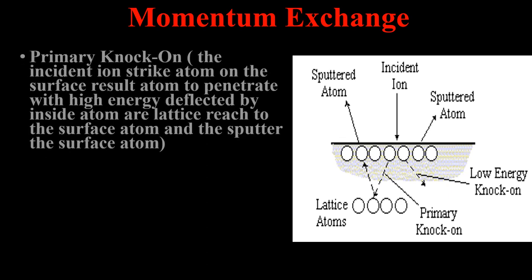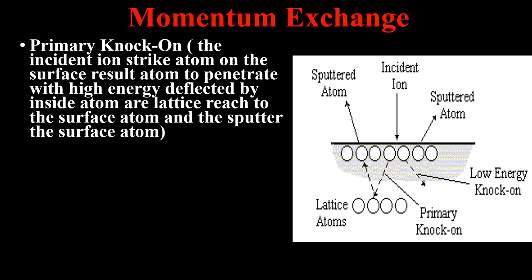Number one is the primary knock-on, okay? In this process, the incident ion strikes an atom placed on the surface of the source material. The surface atom travels inside the source material and is deflected by an atom inside the source material, resulting in travel toward the surface of the source material.